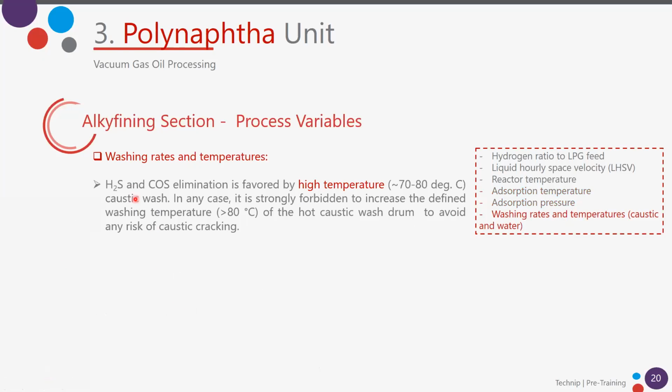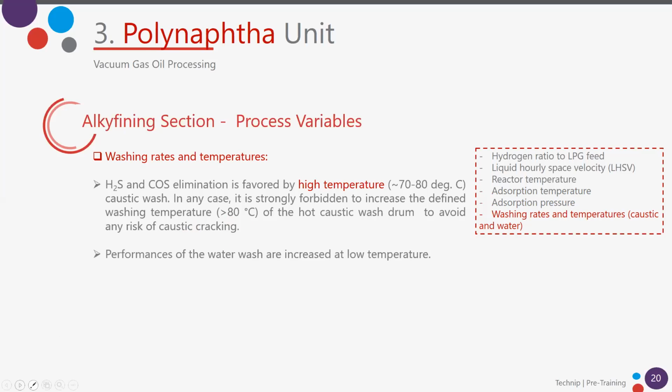So remember that we will eliminate these compounds, the H2S and the carbonyl sulfide, with this caustic wash. And this wash is favored by high temperature, more or less 70 to 80 degrees C. In any case, it is forbidden to increase this temperature because you can have some caustic cracking.